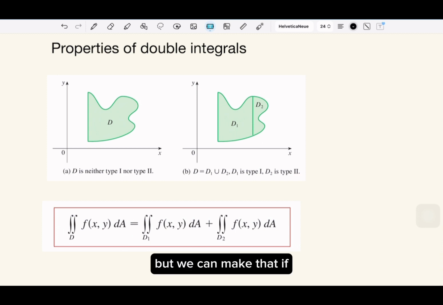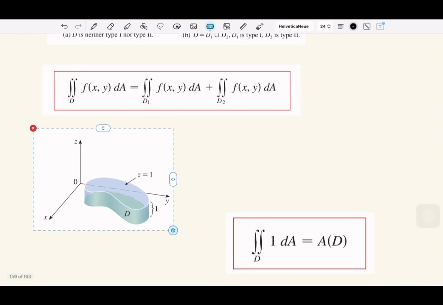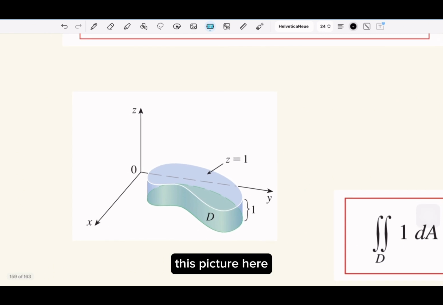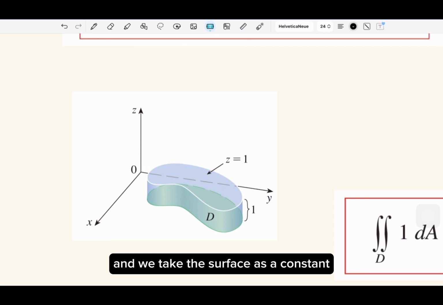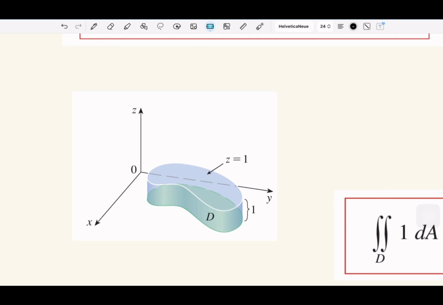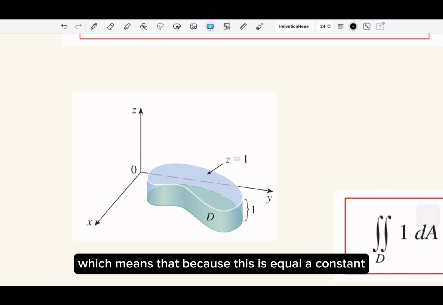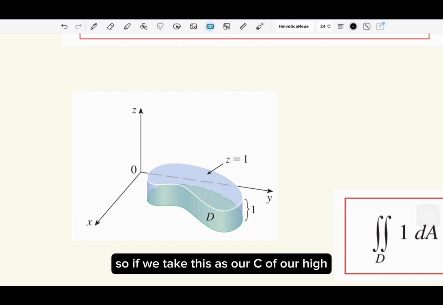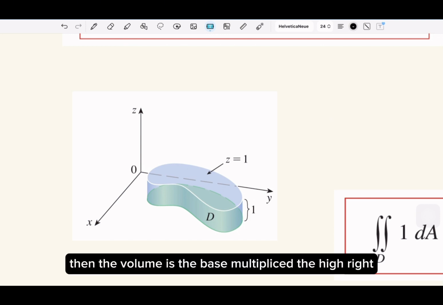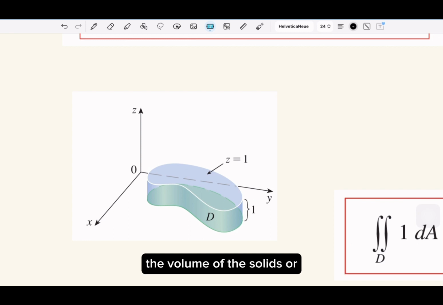But if we have this picture, this is the surface, and we take the surface as a constant, just take it as z equals 1 or any constant, which means the height will be a constant, equal to 1. If we take this as our height, then the volume is the base multiplied by the height, right? The volume of the solid.